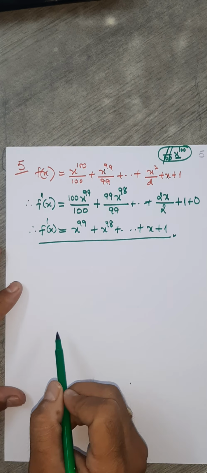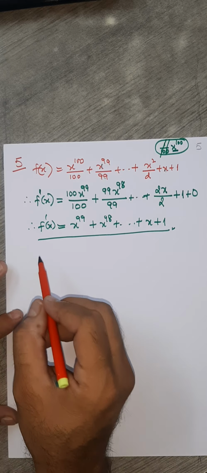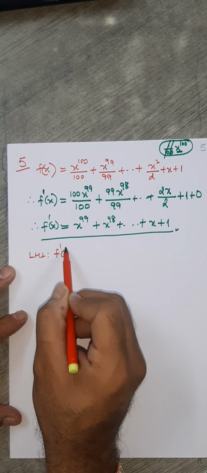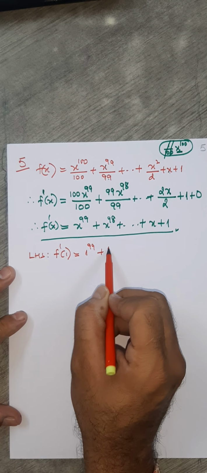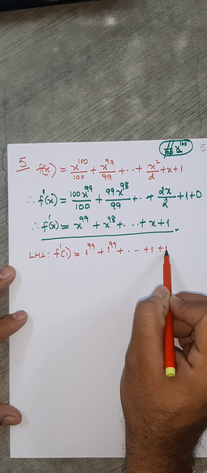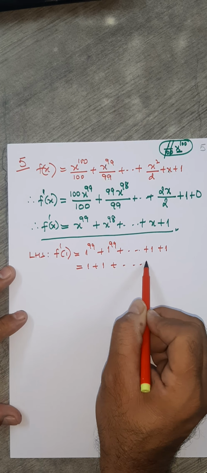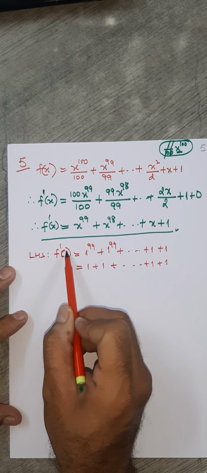Therefore we have this. Now what is the left hand side? F dash 1. So we have 1 raised to 99, 1 and plus 1. Now this is just 1, 1, 1. How many times? Can you predict? Do you understand what we mean by f dash 1?